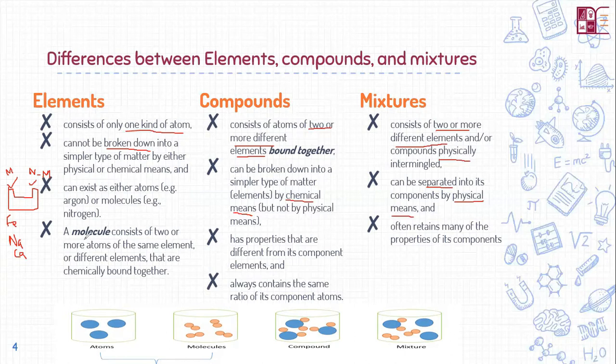And this is what molecules are all about. Molecules are made up of two or more atoms, but they are of the same element. For example, atoms are going to be separate. Molecules are going to be two or more atoms combined together, of the same element, and they are chemically bonded together.